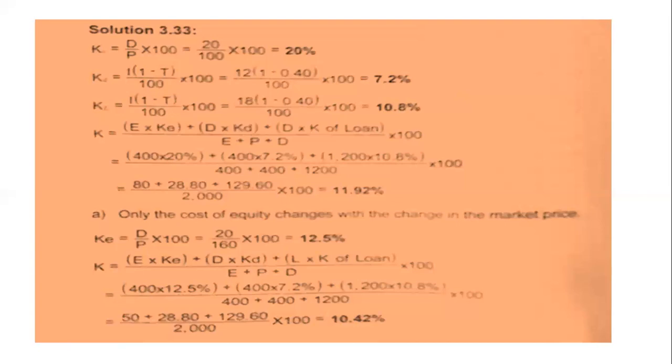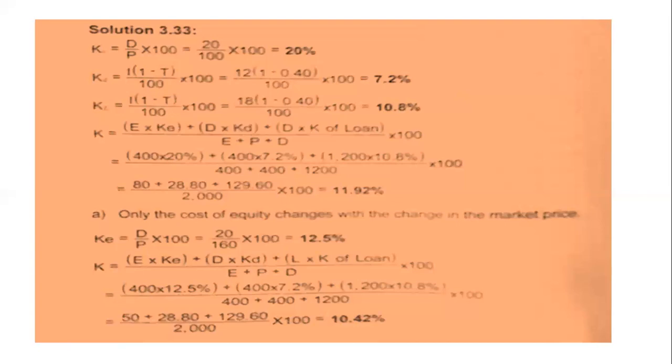Now here cost of equity is equal to 400 into 20%, and cost of debt is equal to 400 into 7.2%, and cost of loan is equal to 1200 into 10.8%. All these three values are based on the respective amount of capital, that is, equity of 400 rupees, debentures of 400 rupees, and loan of 1200 rupees.